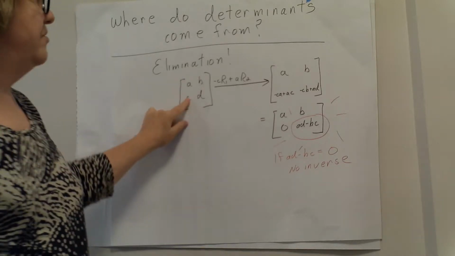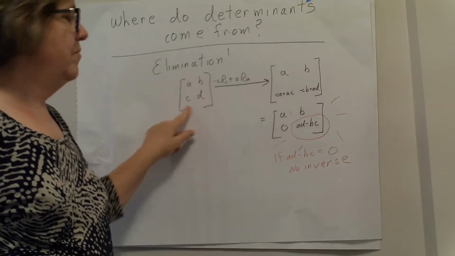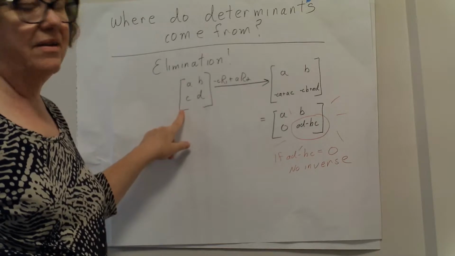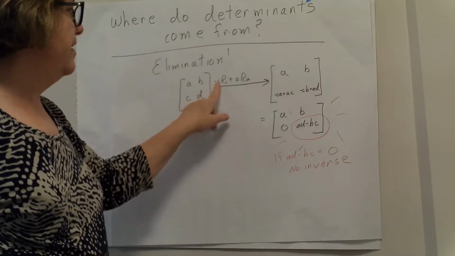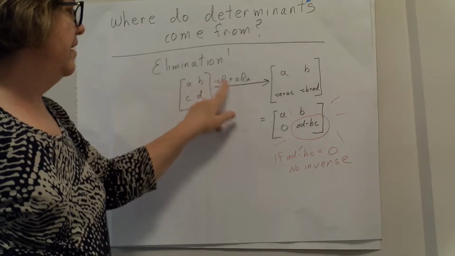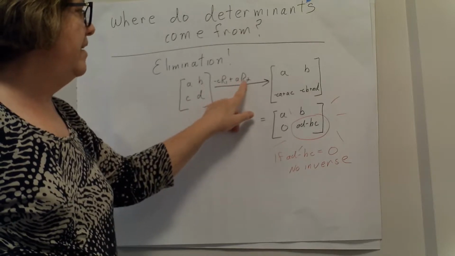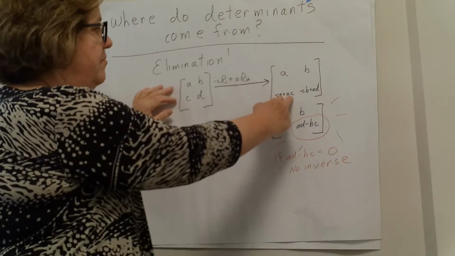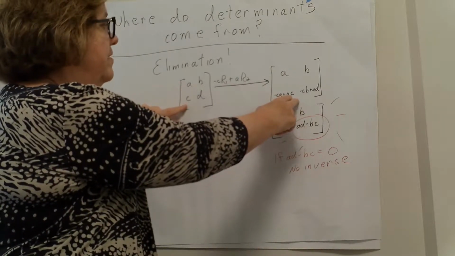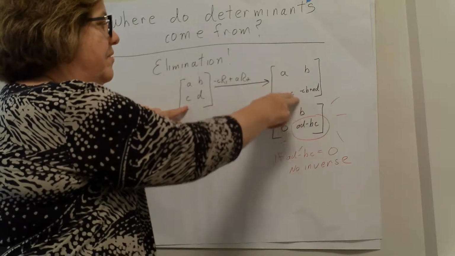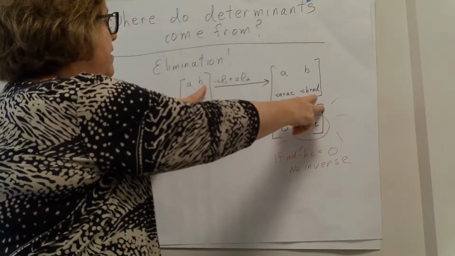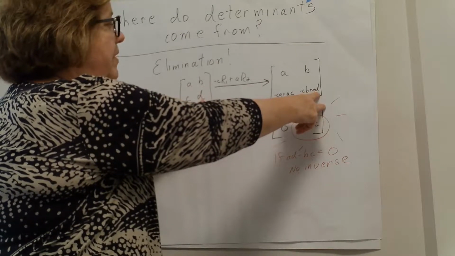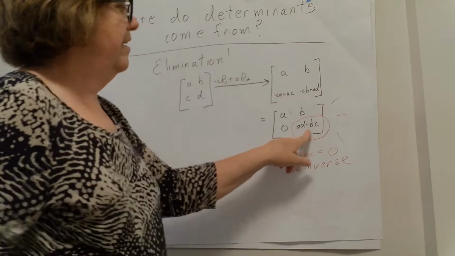Even though we have variables here and not numbers, we can take -c times row 1 and add it to a times row 2. Well, if we do that, then in this entry we're going to get -ca plus ac. Good, that'll be 0. Here we're going to get -cb plus ad.